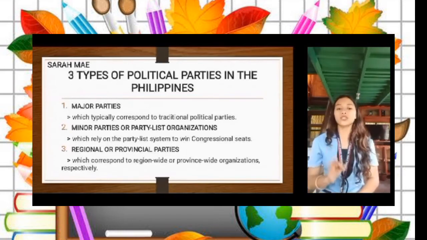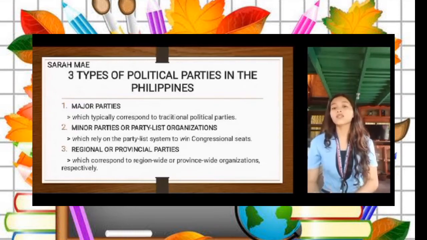There are three types of parties in the Philippines. First is the major parties. What are major parties? Major parties typically correspond to traditional political parties.